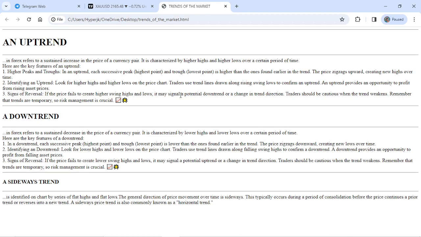Number three is the signs of reversal. If the price fails to create higher swing highs and lows, that means at the point where the price stops creating the higher highs and the higher lows, it is a signal for a potential downtrend or change in direction.